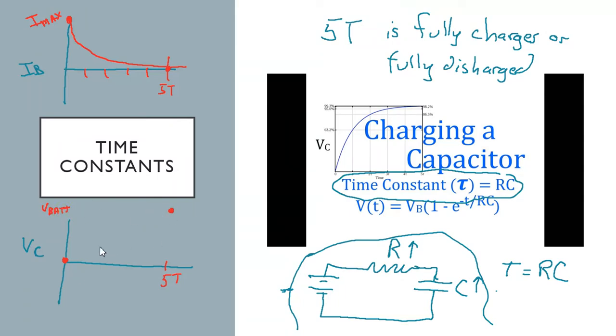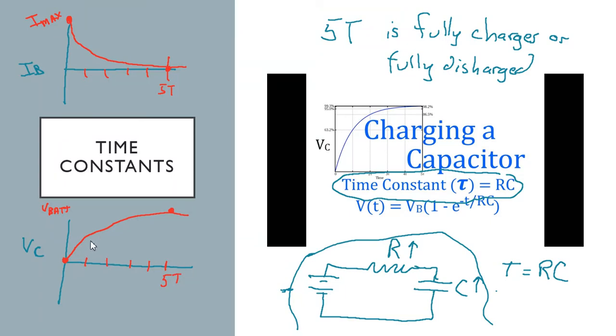Now, again, it's not going to be linear because initially it's easy to put charges on there, so the voltage is going to go up a lot. And then as it gets going, it gets harder and harder and harder to add more charges, so it's going to have a smaller and smaller effect. So it's going to work out something like this. Now, discharge is the same type of thing.